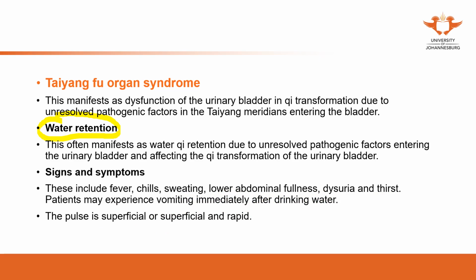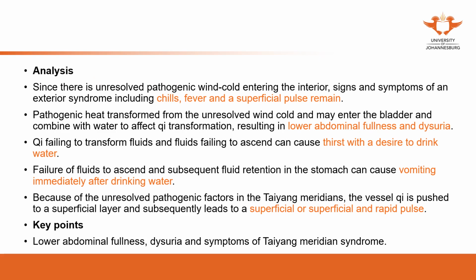But remember, that's water retention. In the body, the patient will have excess water. That's why the body does not want any more water. The patient feels thirsty, so he drinks. When he drinks, he vomits immediately because the body does not like the water. So this is the analysis.